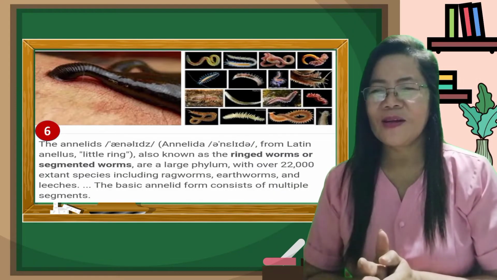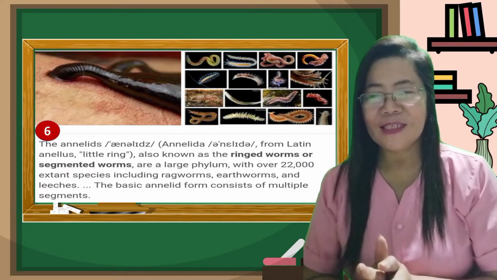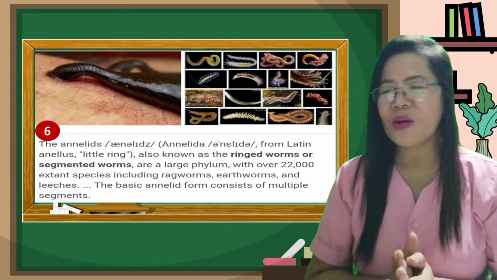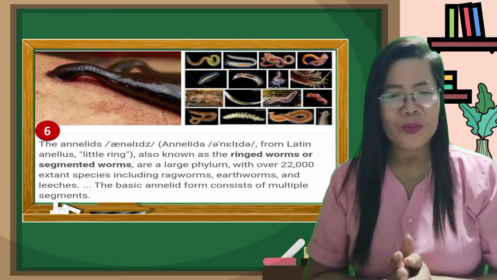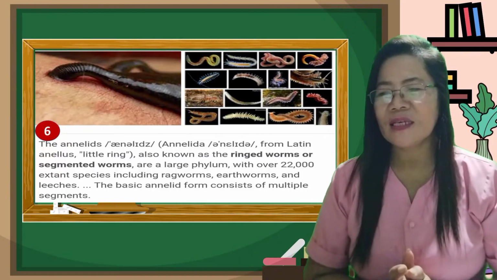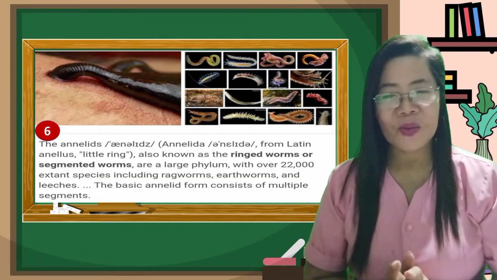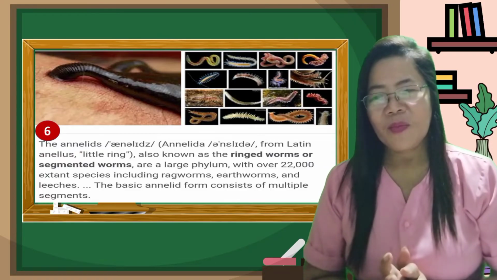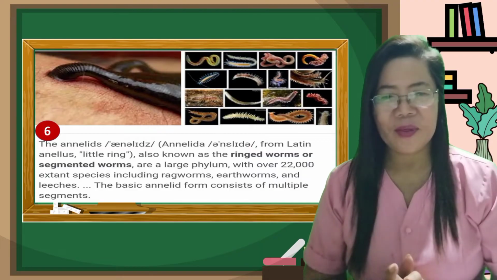Annelids or Annelida, from Latin annulus, little ring, also known as the ringworms or segmented worms, are a large phylum with over 22,000 extant species, including ragworms, earthworms, and leeches. The basic annelid form consists of multiple segments.